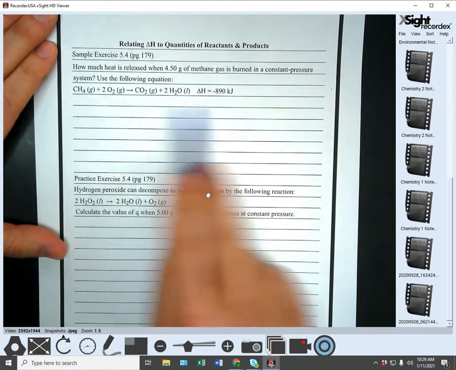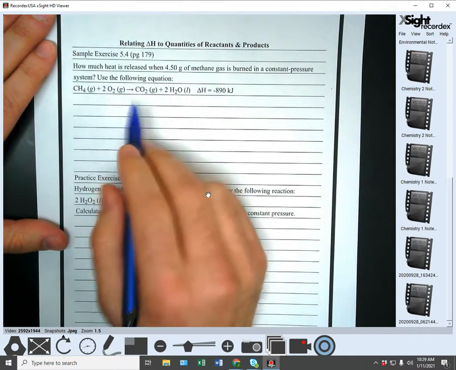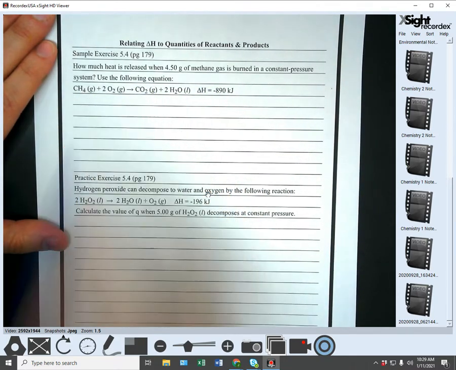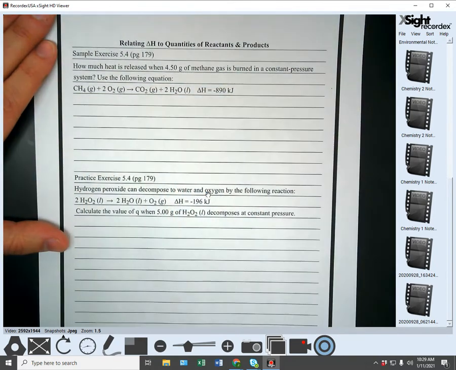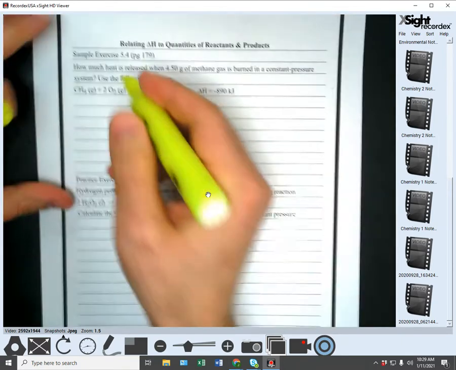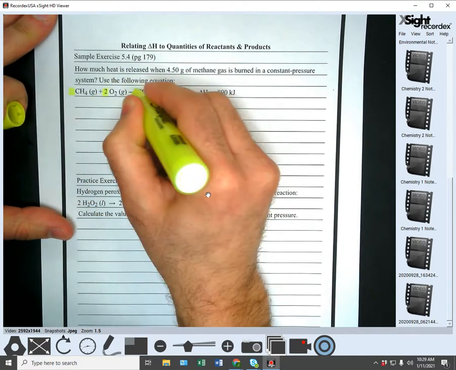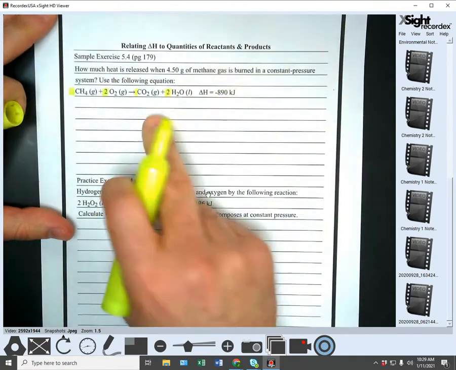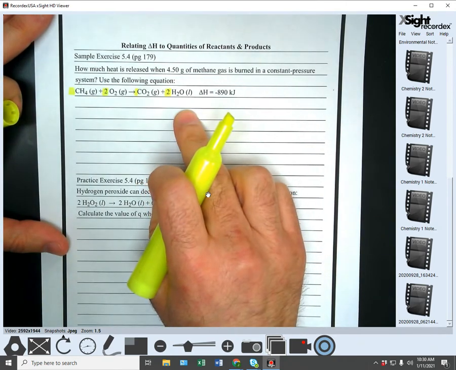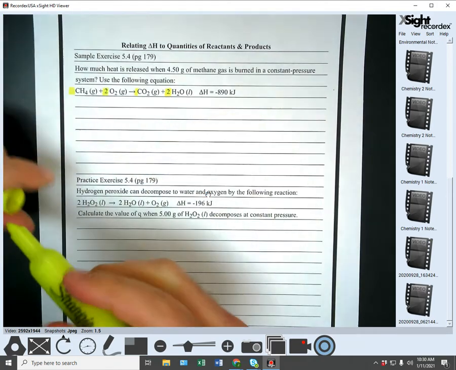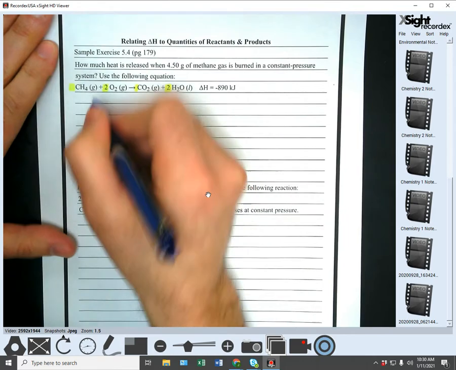The concept they want you to understand is that the subscripts here, I said subscripts, I'm sorry, I meant coefficients, the coefficients have a relationship with the delta H of the reaction.